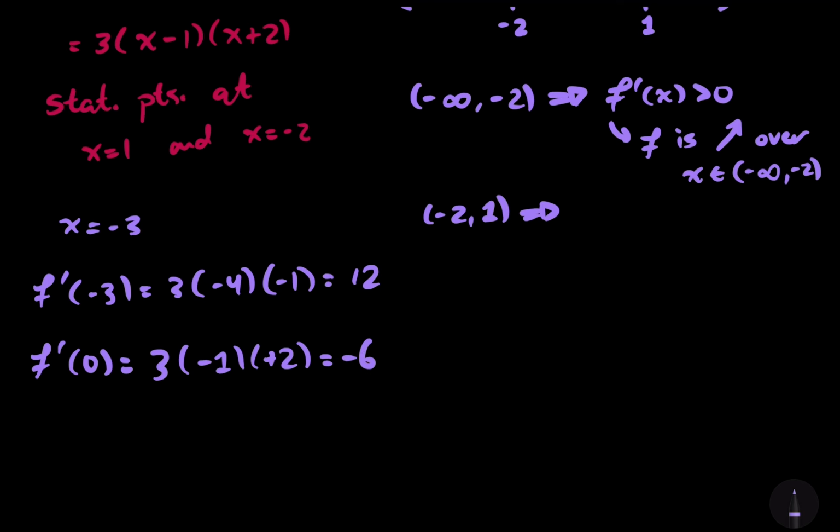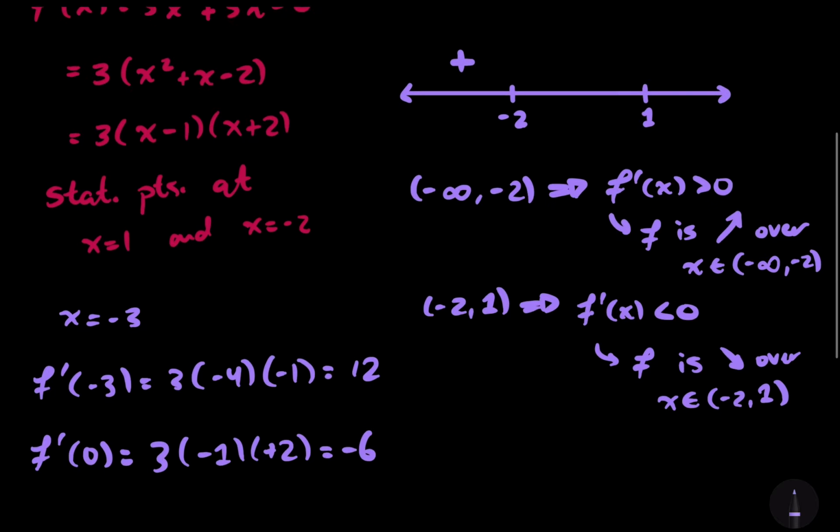And so we know that over this interval, f prime of x is going to be less than 0, right? Because we picked one point, and it must be either positive over the whole interval or negative over the whole interval, and at the point that we selected it was negative, that tells us over the entire interval we're going to be negative, and that f is decreasing for x a member of -2 to +1.